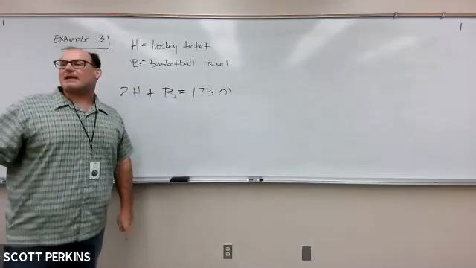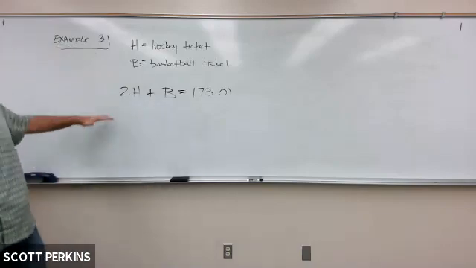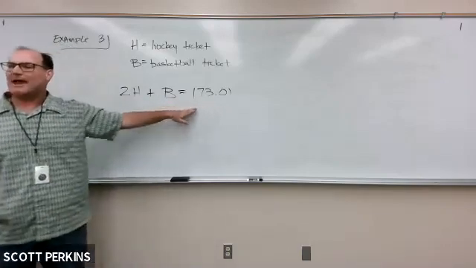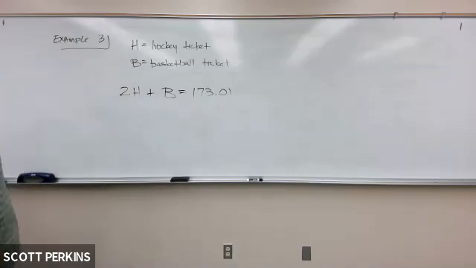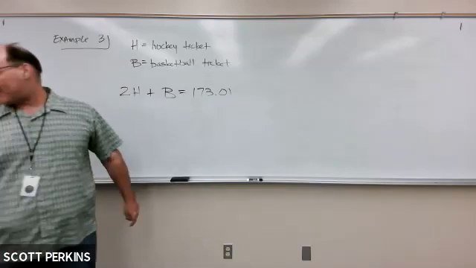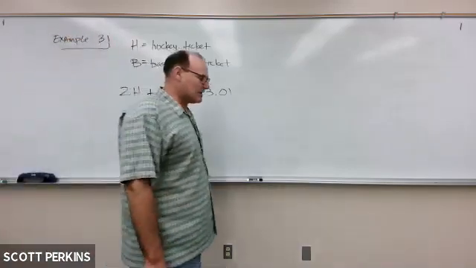So I'm going to give you 30 seconds. The second sentence, I want you to write the other equation that you would have to use to solve this system. It says 1 hockey ticket, 2 basketball tickets cost $162.99.